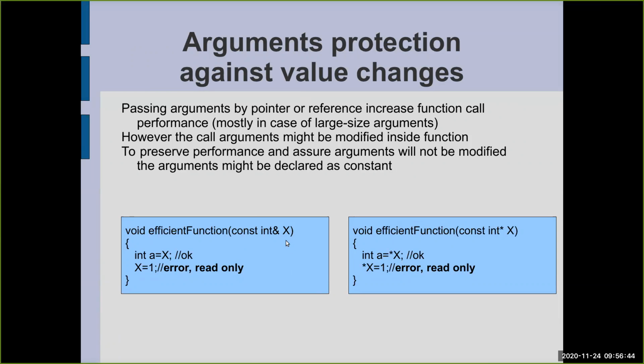In fact, when we have arguments which are integers or floats or chars, we usually pass arguments by value. But for larger data types, for structures, classes, we will be talking about this.